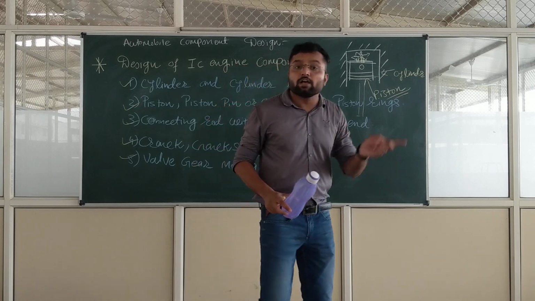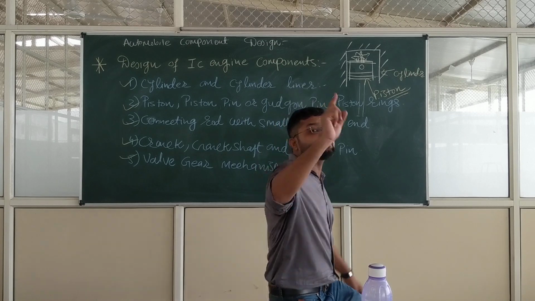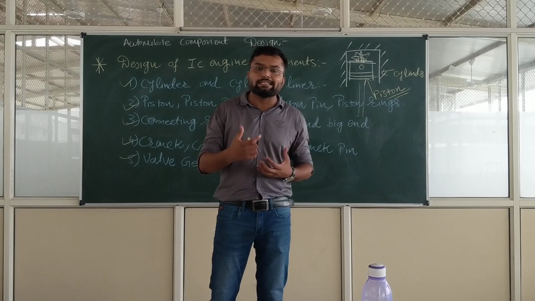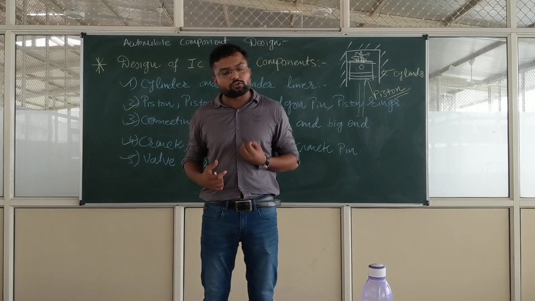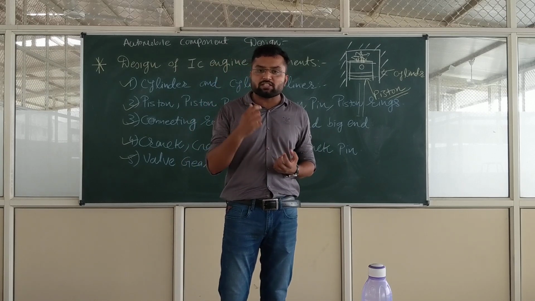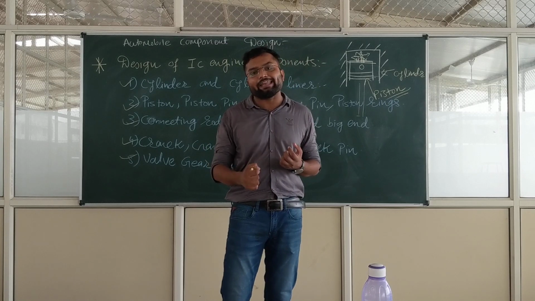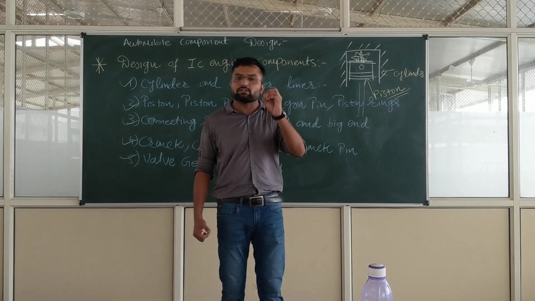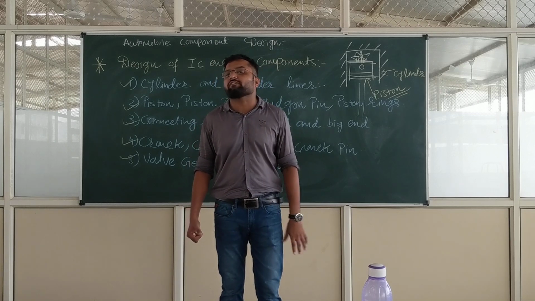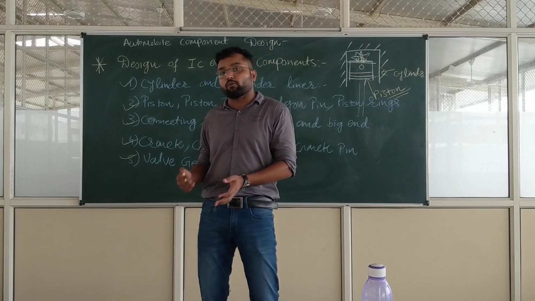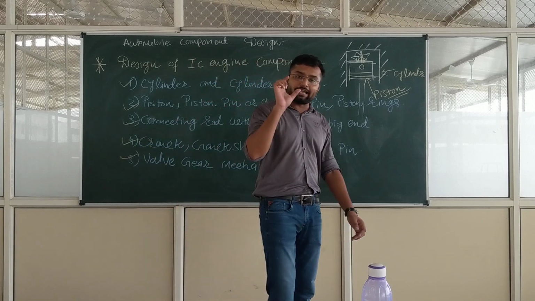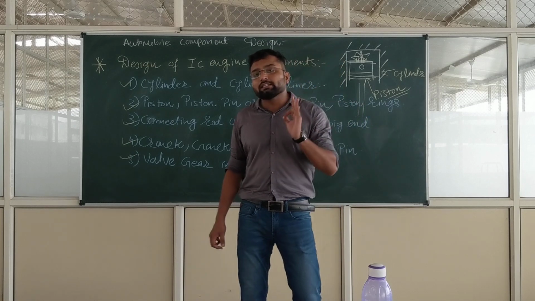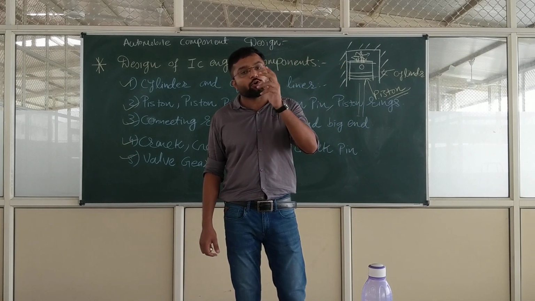But this direct pressure will be resisted by the inertia of our piston. What is inertia? Inertia is the resisting force, or resisting phenomenon, of any body against an external force or against a change of its direction. How does this inertia force occur? It comes from the weight of all the connected components.